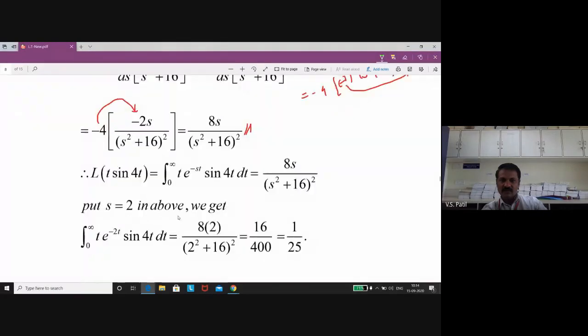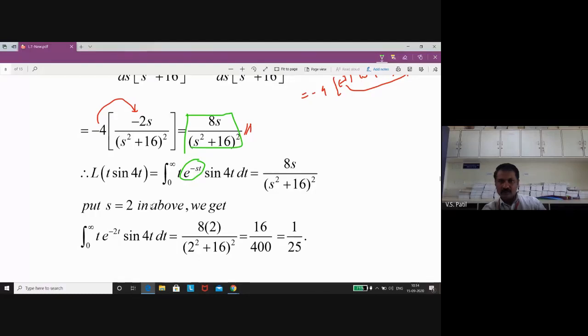So this is whatever you got here. This is the value of the integral from 0 to infinity of t e raised to minus st into sine 4t dt. But we don't want e raised to minus st here. We want minus 2t.